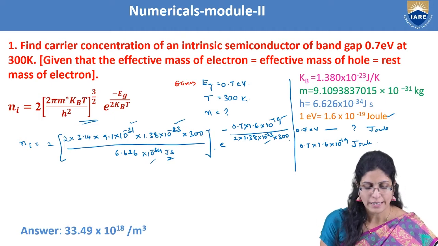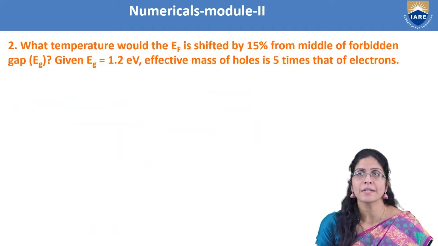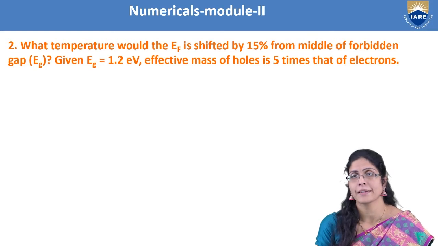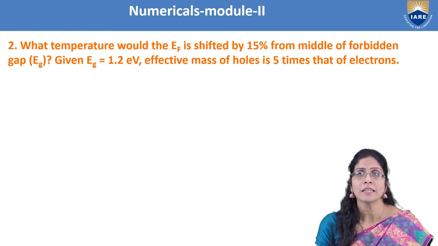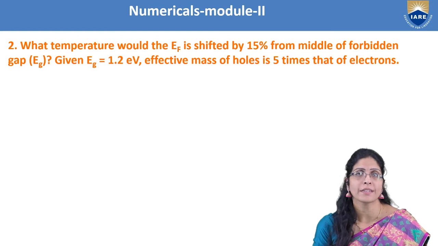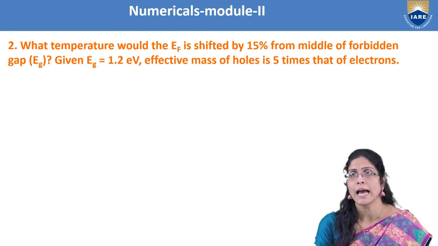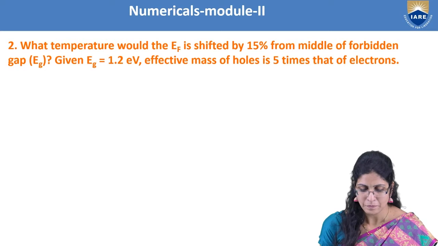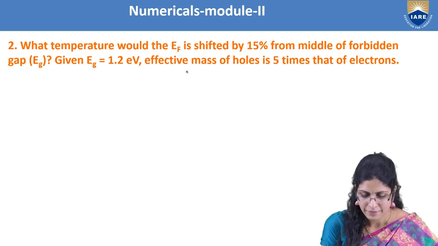So moving on ahead to the second problem: at what temperature would the EF be shifted by 15% from the middle of the forbidden gap Eg? Given Eg is equal to 1.2 electron volt and the effective mass of the holes is 5 times that of the electrons. So what is given first?